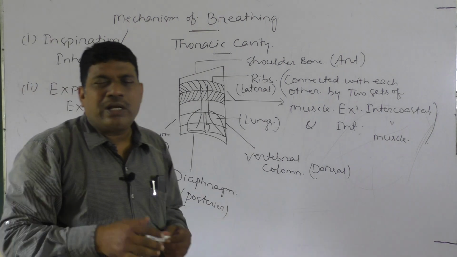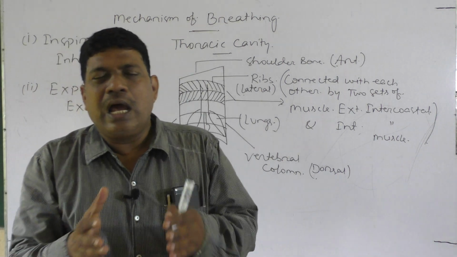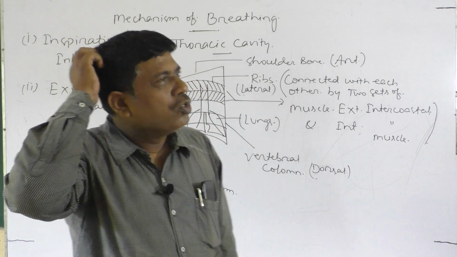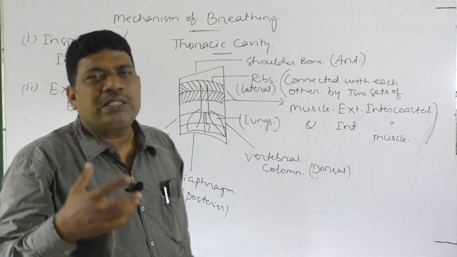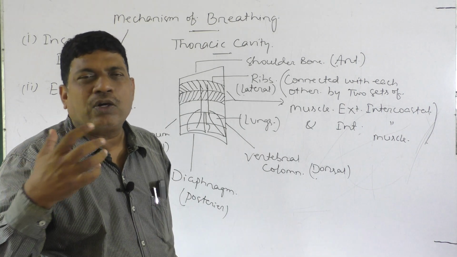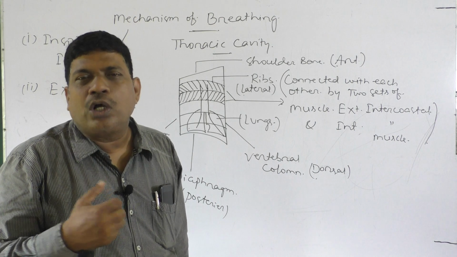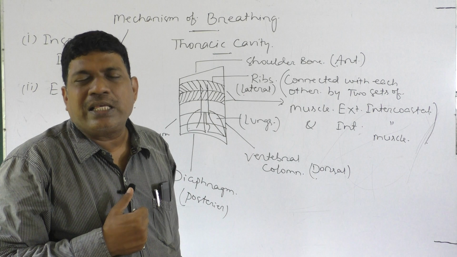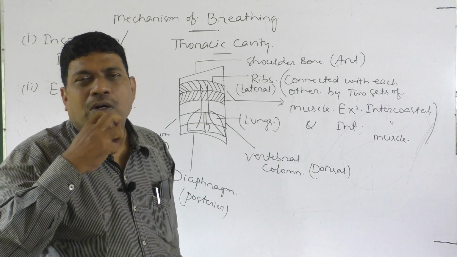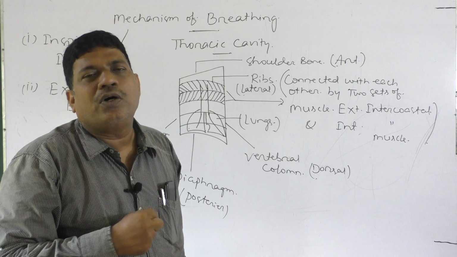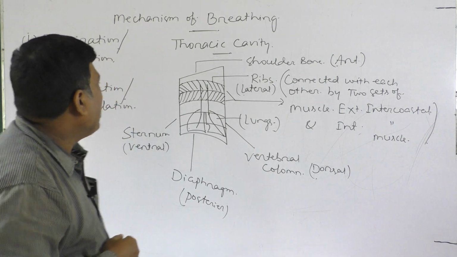So inspiration and expiration are the two phases of breathing mechanism. So let's see what happens during inspiration, so that the atmospheric oxygen enters into the lungs, and what happens during expiration, so that the carbon dioxide rich foul air is expelled out of the lungs to the atmosphere.